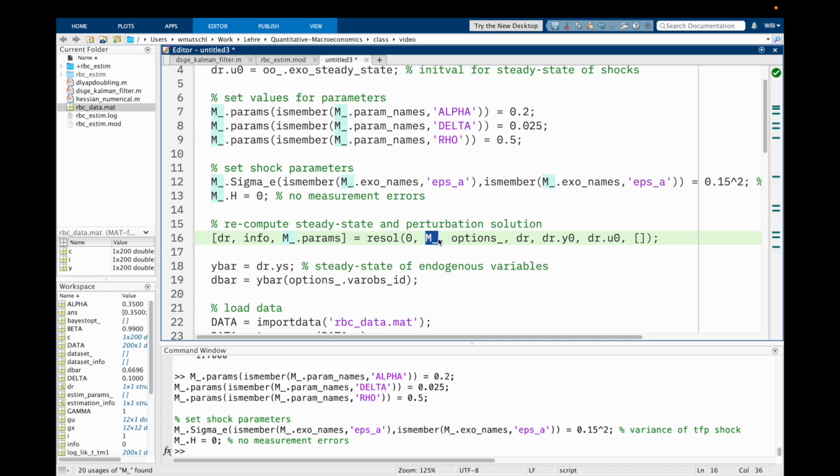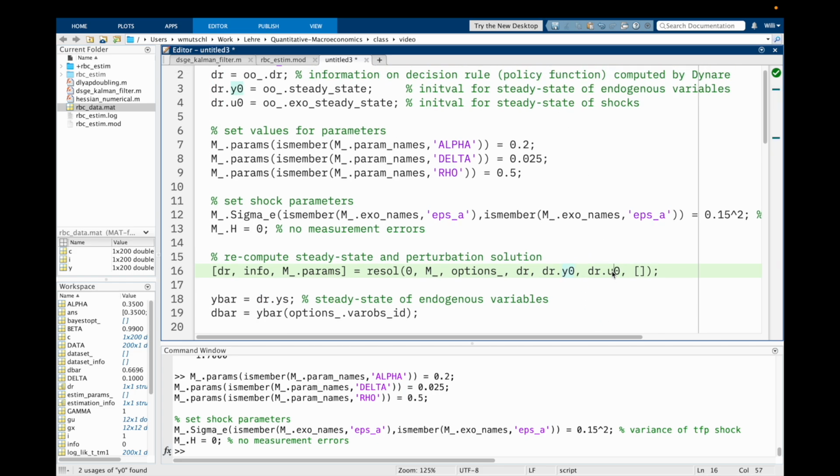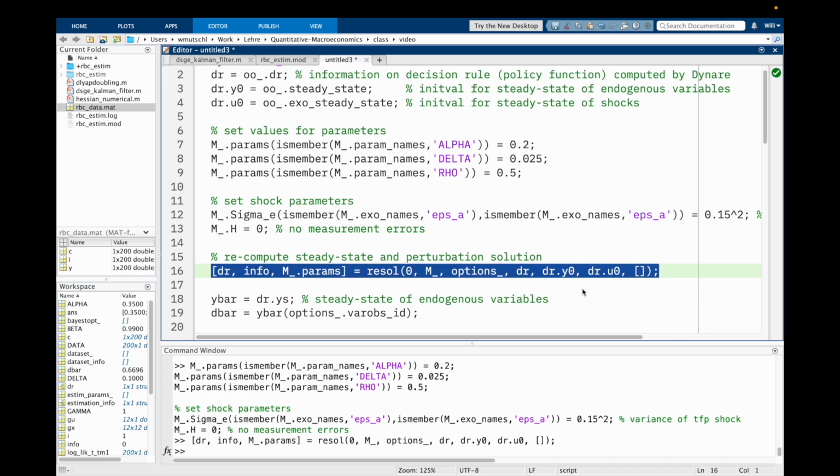If you change any parameters here, don't worry about options. It needs information on the state space system and initial values for your steady state if you use an initval block, endogenous and exogenous. There are also ways to deal with deterministic exogenous variables, but we are not going to do this.